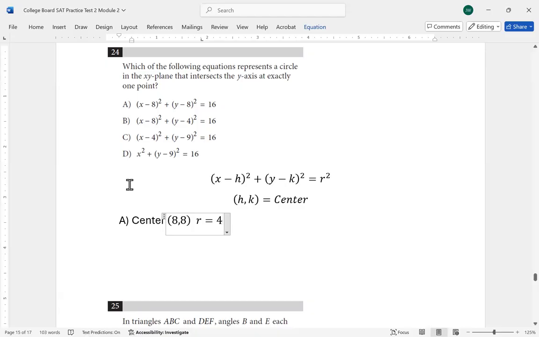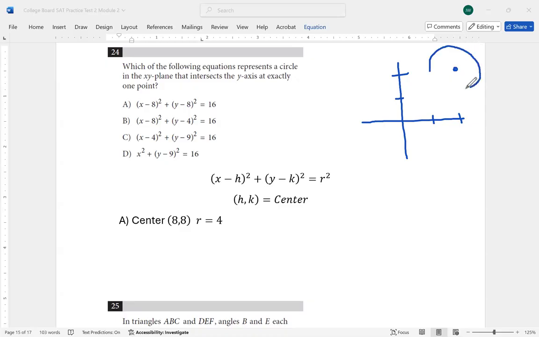Since the center is at 8, 8 with a radius of 4, if we graph that out, let's do steps of 8 units to the right, 8 units up. Our center is going to be here. I can go back at most 4 units. So I'm never going to hit the y-axis in that scenario. So A is not going to work.